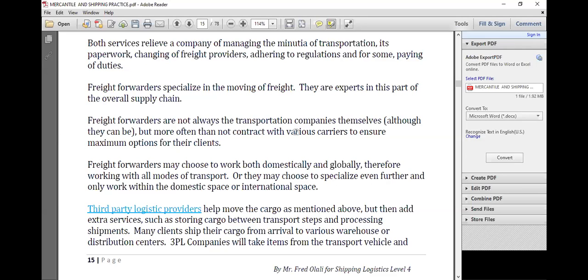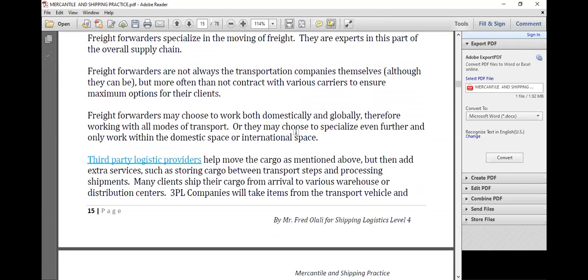They may choose to work both domestically and globally, therefore working with all modes of transport, or they may choose to specialize even further and only work with the domestic space or international space. So they can decide to expand their territories or their scope of work, either to go globally or just to remain within their own country.